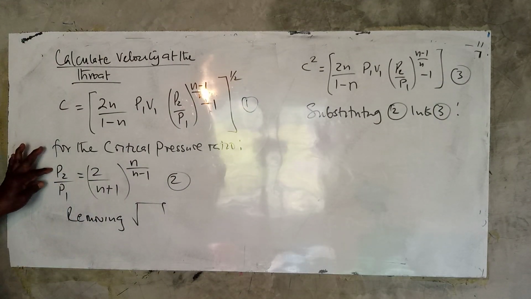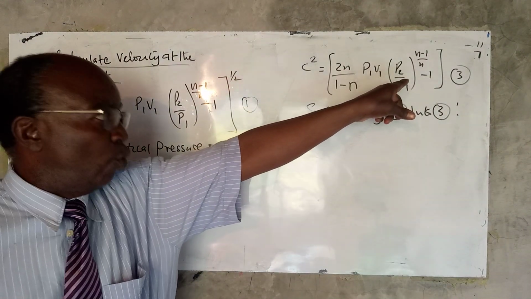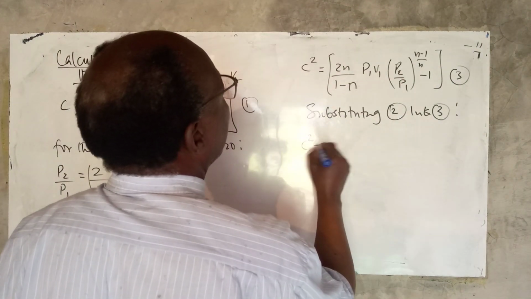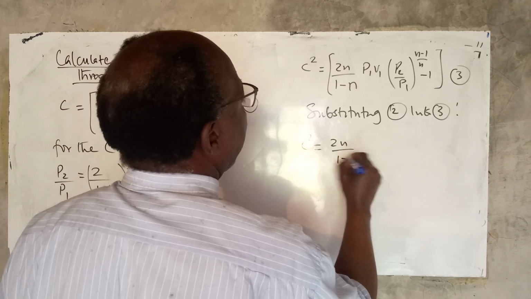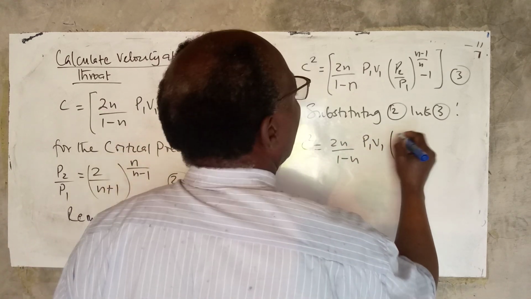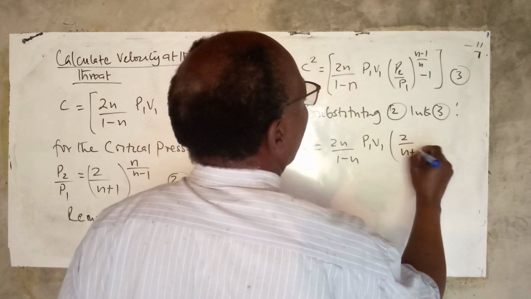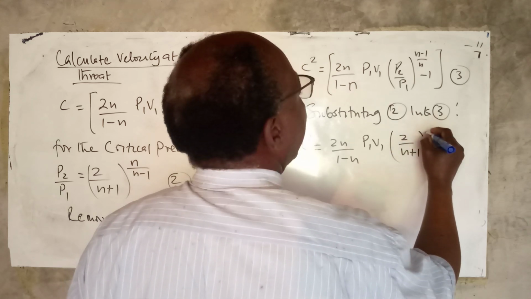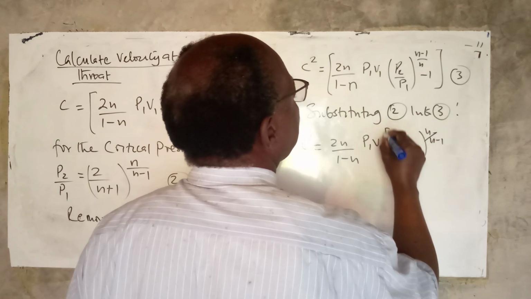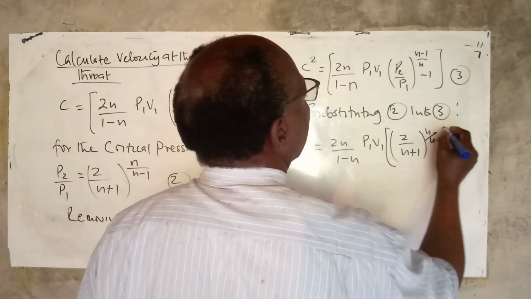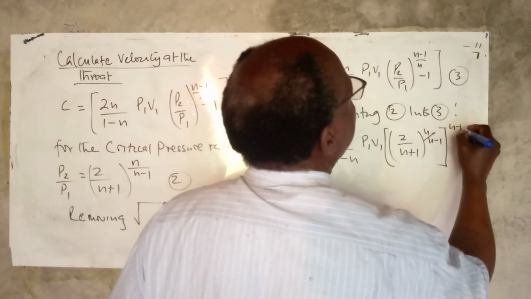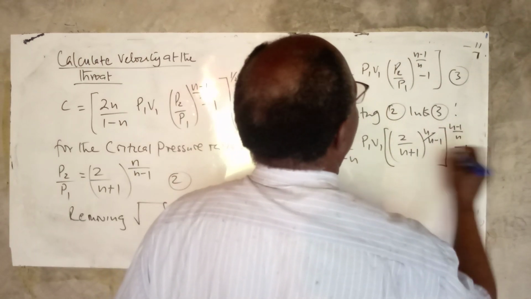We are just substituting P2 over P1 into that expression. So c squared will be 2n over (1 minus n), p1 v1, into [2 over (n plus 1) raised to n over (n minus 1)], and of course raised again to (n minus 1) over n.